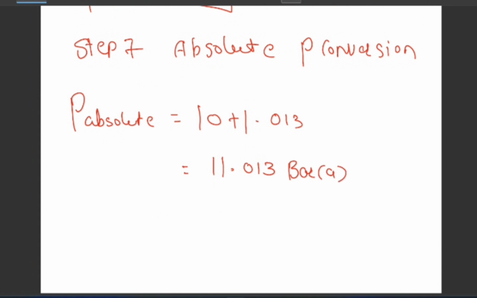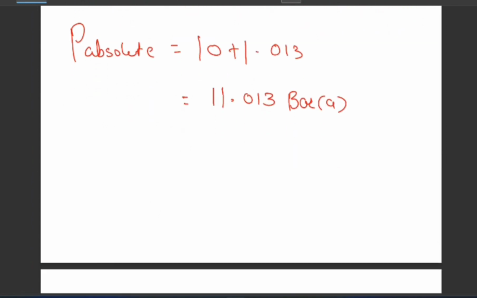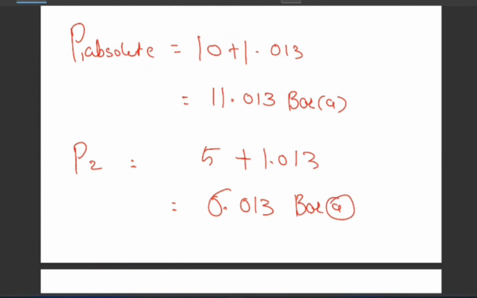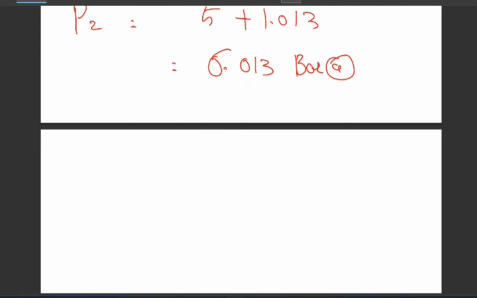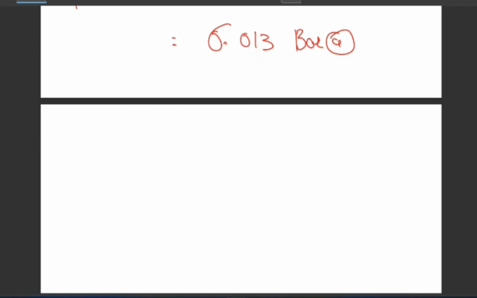Absolute and gauge both are different. So this was P1 and P2, that is 5 plus 1.013, so you will get 6.013 bar absolute. This is very important, conversion from gauge to absolute.